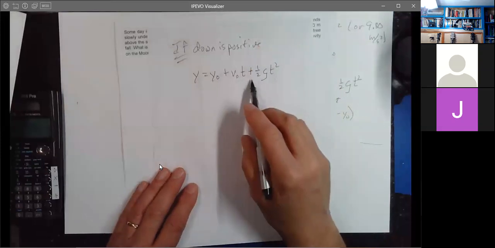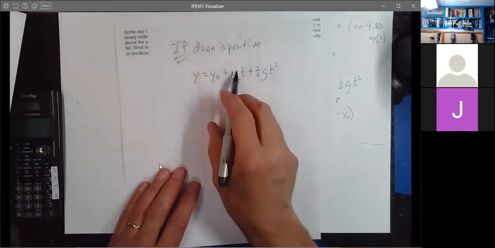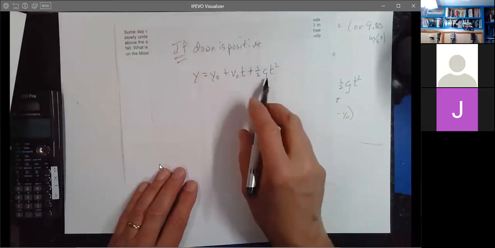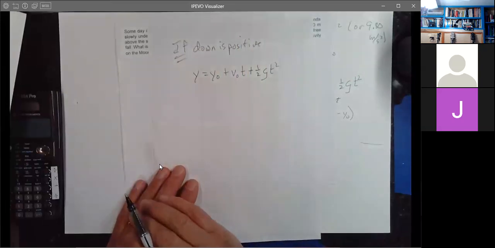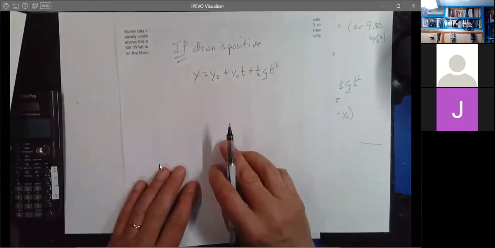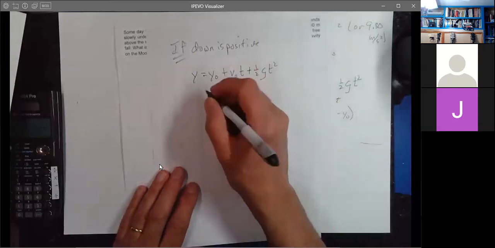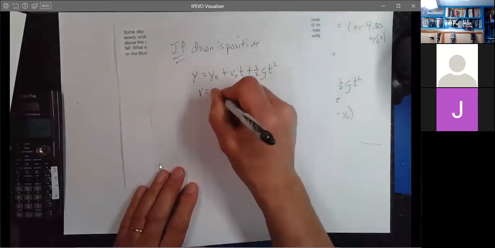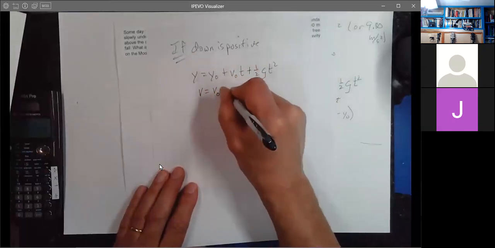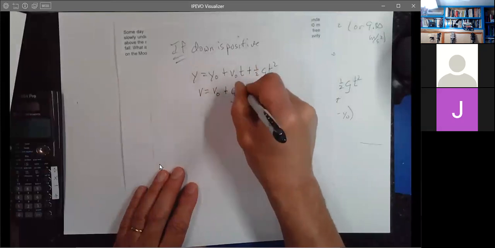And that's how the equation looks if downward is positive. We had a minus 1/2 gt squared when up was positive, but we can decide down is the positive direction. Then you'd also get v is equal to v naught plus gt.